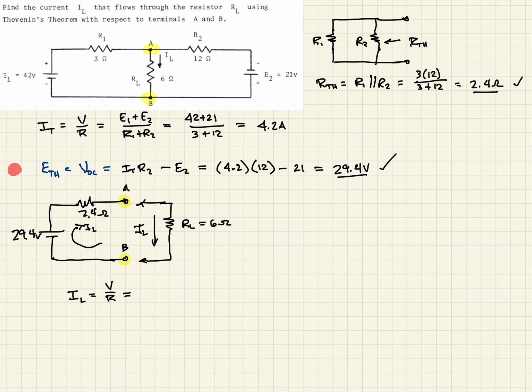In this circuit, our voltage is 29.4 volts, and our resistance is just two resistors in series, so we just add those together: 2.4 plus 6. And so when we solve for that, we come up with 3.5 amps. This is the solution to the problem. I_L here is 3.5 amps, and this is how we solve it using Thevenin analysis.